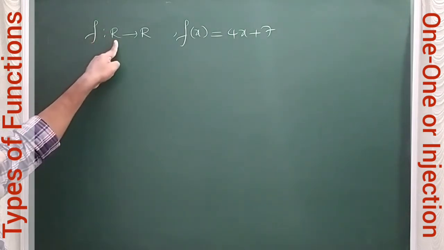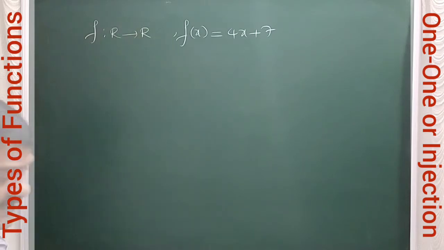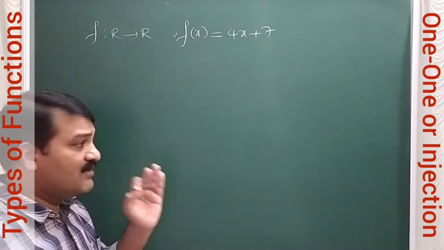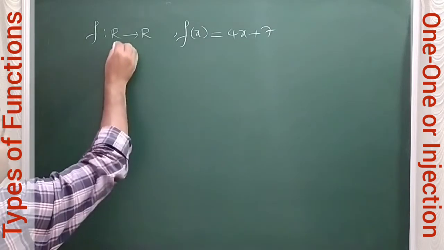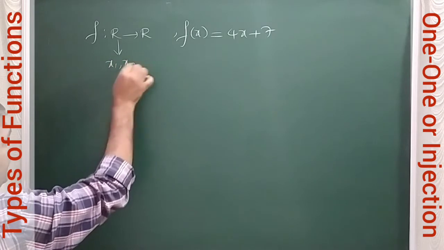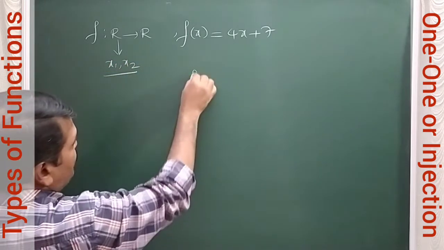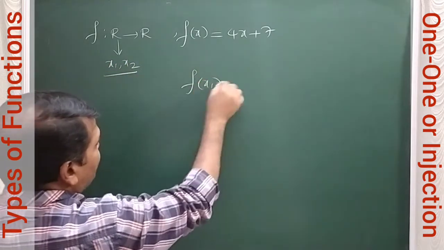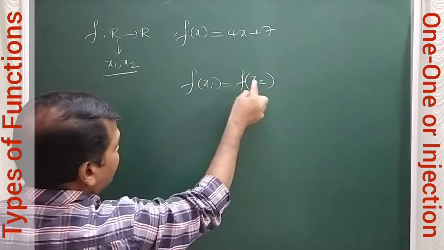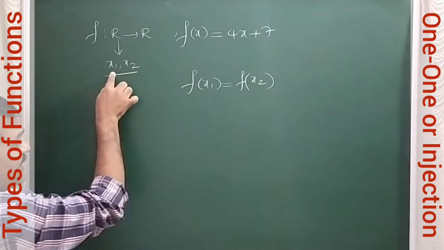The domain is the real number set, and the codomain is also the real number set. To decide whether a function is 1-1 or not, the working rule is: from the domain, pick any two elements, x1 and x2, and take f of x1 equal to f of x2.